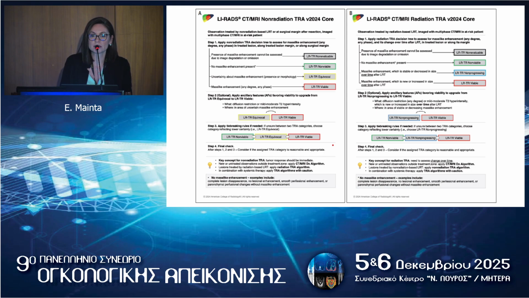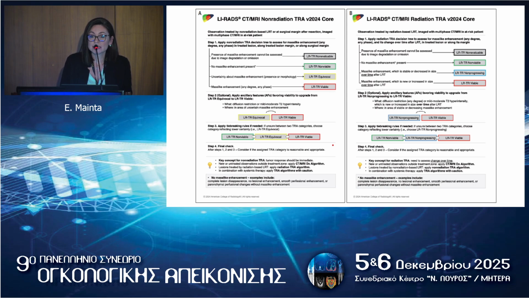As you can see, there are 2 different tables nowadays and after 2024. The first table refers to lesions which had locoregional therapies with non-radiation, and the second table, radiation locoregional therapies. The first table shows that we have 4 different categories: the non-evaluable, non-viable, equivocal, or viable.